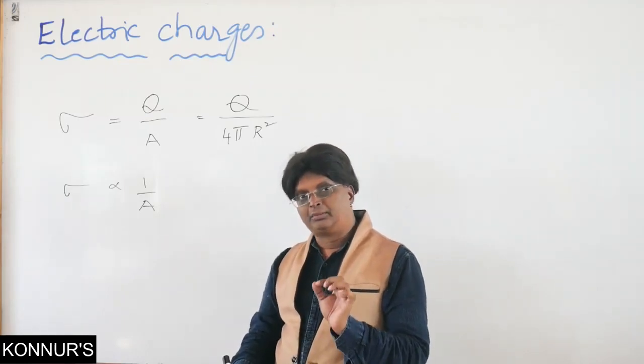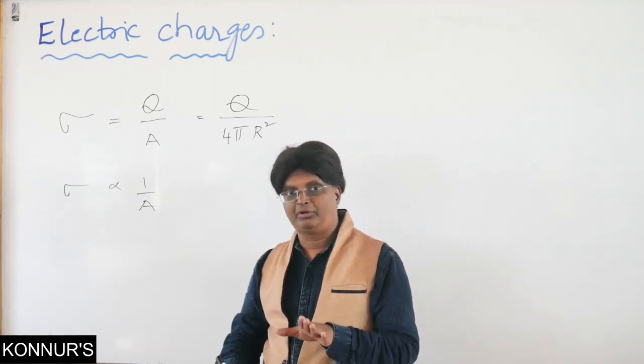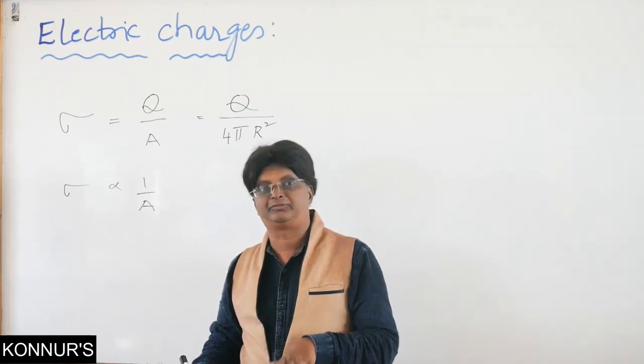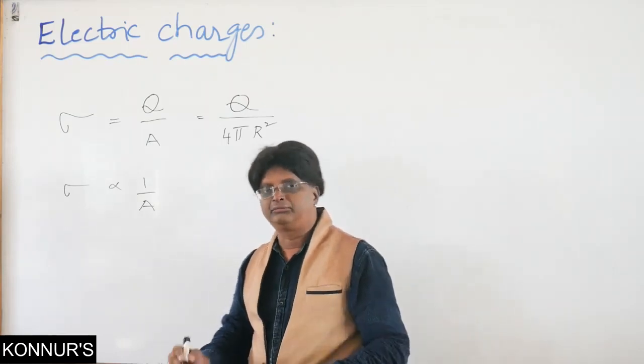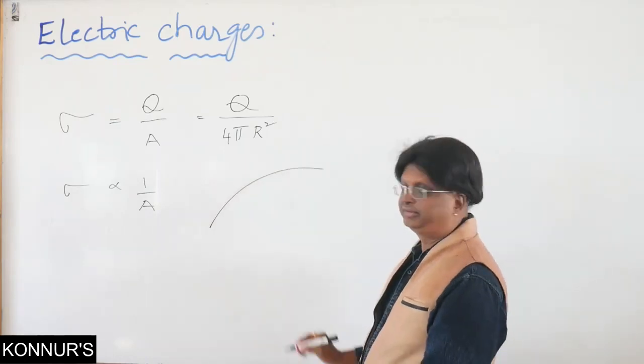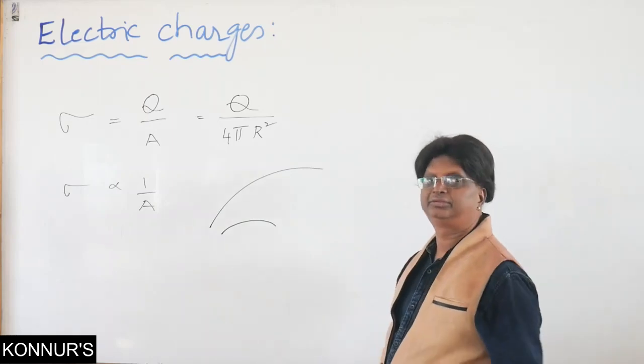Now when we are talking about spherical surfaces, remember this is again a 5-star point I am telling you, which we will make use of very frequently in all our physics topics. Suppose you consider two spherical surfaces. See, this is one spherical surface I have shown, and suppose this is another spherical surface.